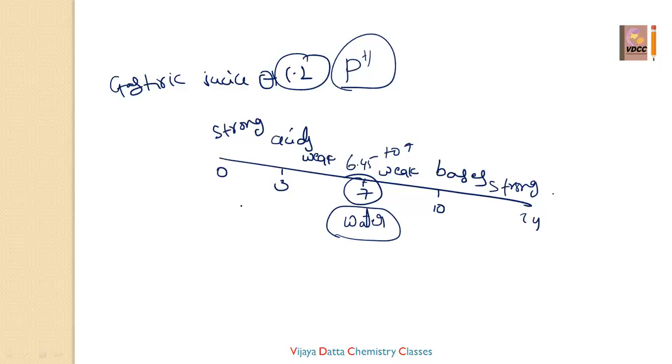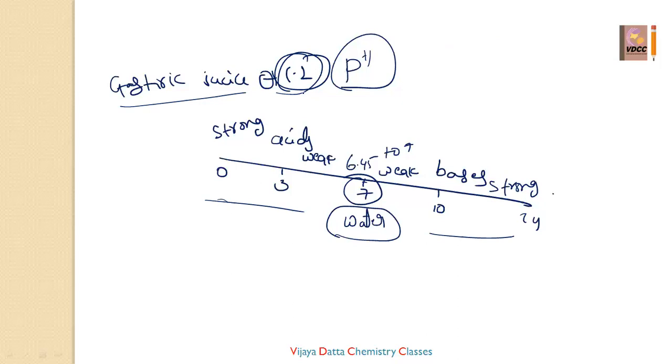Got it? So these are the ranges of the pH scale. Gastric juice pH value is 1.2, which is a very strong acid. Blood plasma is 7.4, which is a very weak base.